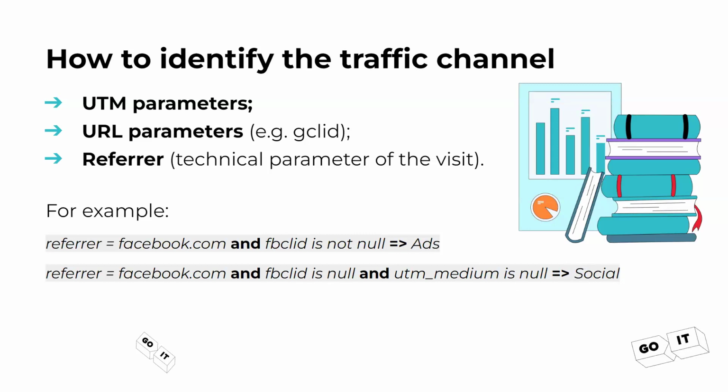So from those examples, we can refer to the first example as paid traffic through Facebook ads, and the other one is social media traffic, since it is not in the form of an ad.